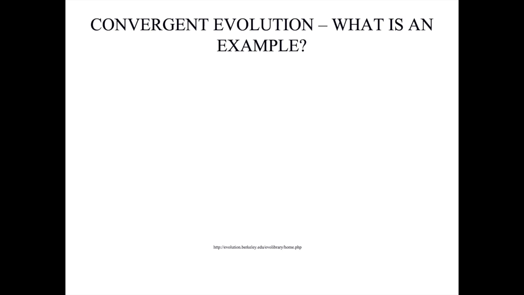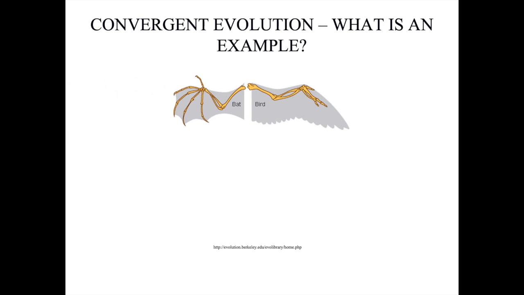An example of convergent evolution, again, let's go back to those analogous structures we talked about. The wings of both a bird and a bat, not made the same way at all. Again, a bat's wings are stretched out basically over its fingers with a flap of skin along its forelimbs. A bird is completely different. That wing, the entire structure, is different than what you would find with a bat.